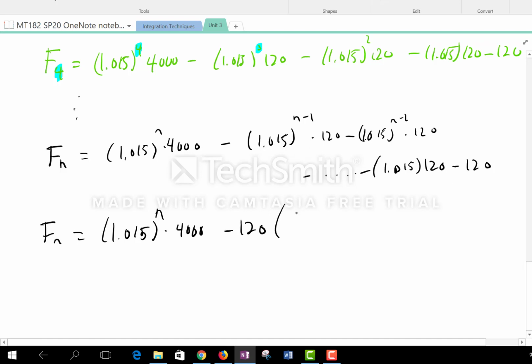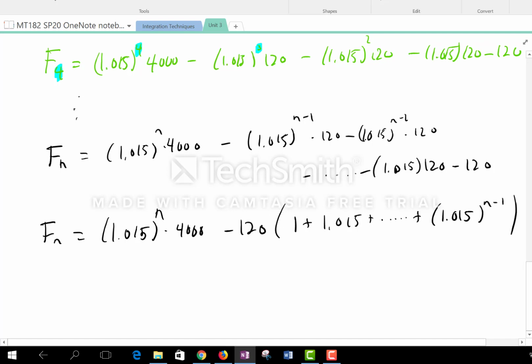I'm going to just reverse that, so it'll be 1, and then, since we factored the negatives out of all of these, it'll be plus. The next term will be 1.015 plus, and you're going to keep on getting higher and higher powers of that until you get to the last one, which will be 1.015 to the n minus first power.